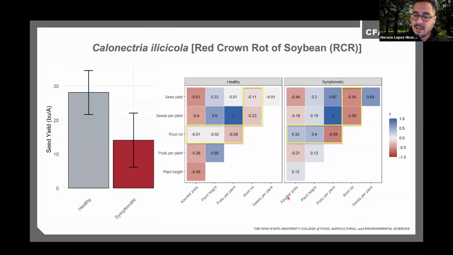With SDS, you grab a symptomatic plant and try to pull it, and you still need to apply some force to get it out of the ground. With red crown rot, it was impressive. It would just come out. Certain literature describes the way that it kills the root as a symptom called pencil roots, because it just leaves your root looking like a pencil. It just consumes all the secondary roots. It's very wild.